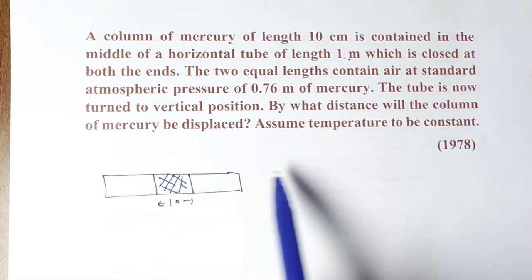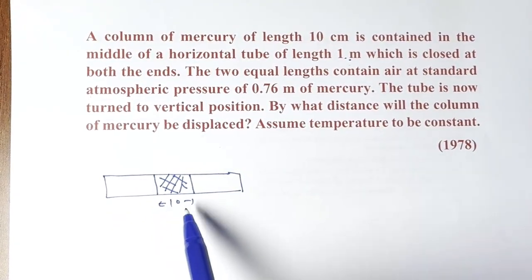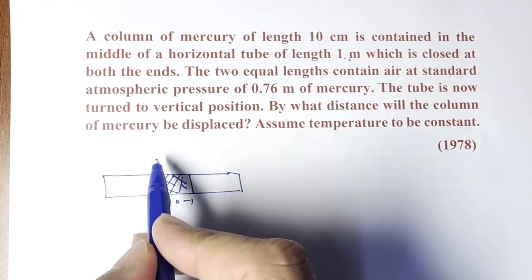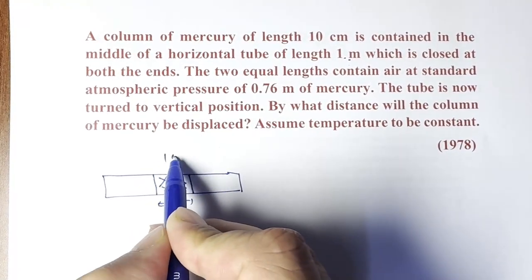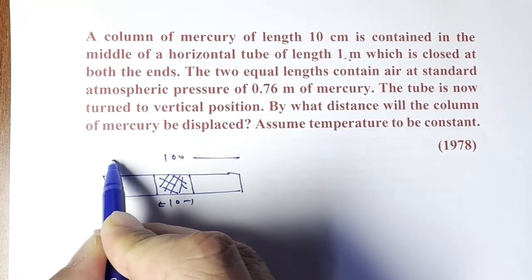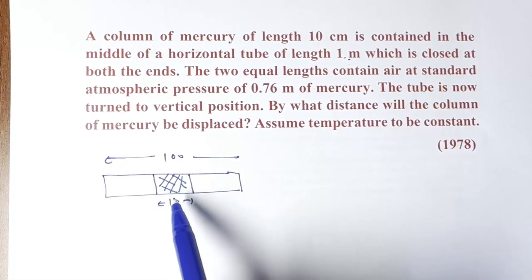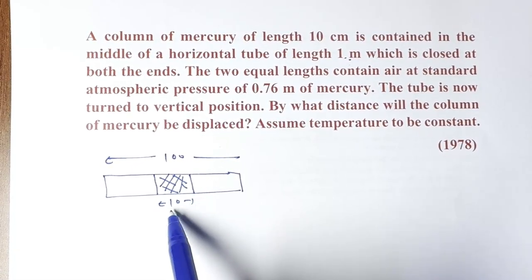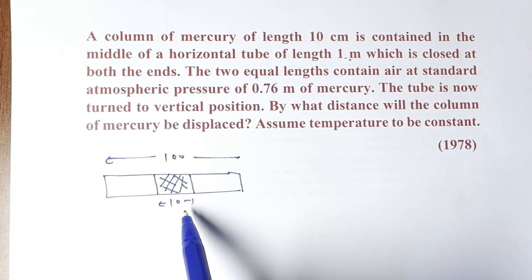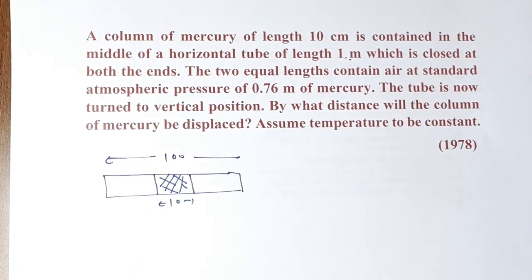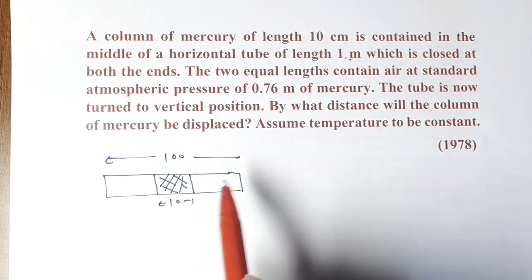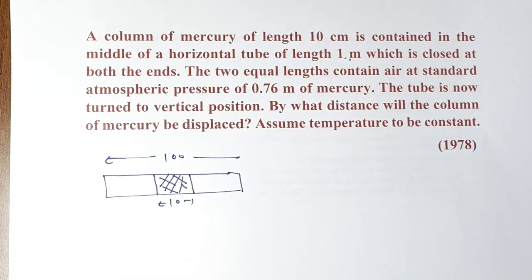So we have a tube which is initially in the horizontal position and the length of the tube is 1 meter. So let us say this is our 100 centimeter, and at the middle we have mercury whose length is 10 centimeter, and other than that we have air column on both sides of this mercury.